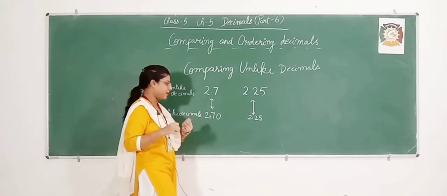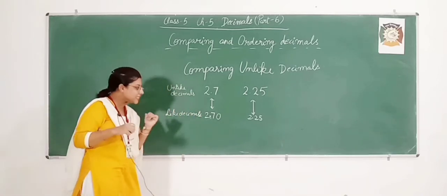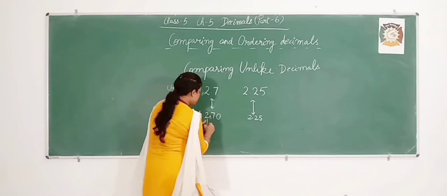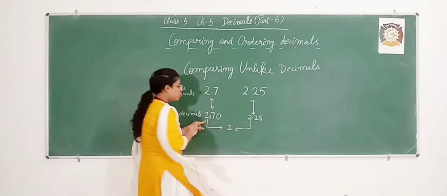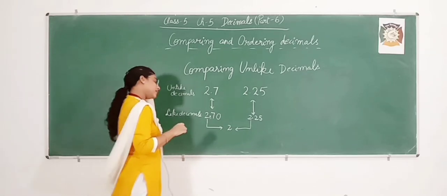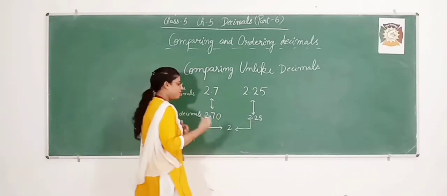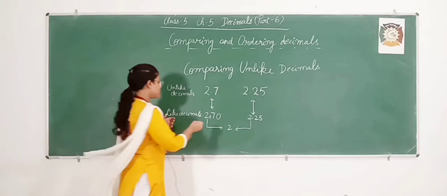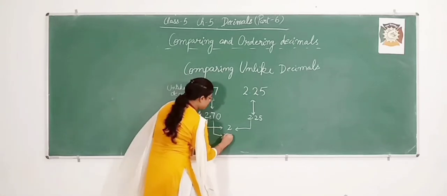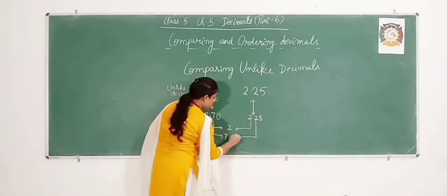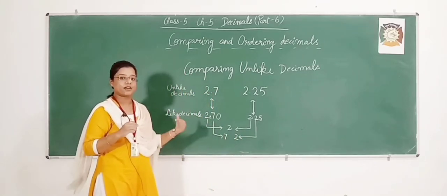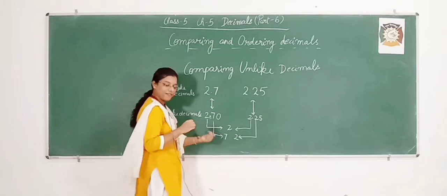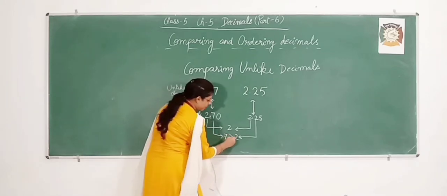Now you will start comparing from the left hand side. This place, that is ones place, has digit 2 in both the numbers. Then comes the decimal point. After that you have the tenths place. So you will compare the tenths place. It is 7 here and it is 2 here. Since they are different, you will put a greater or smaller sign according to the value. Here the value of 7 is greater than the value of 2.